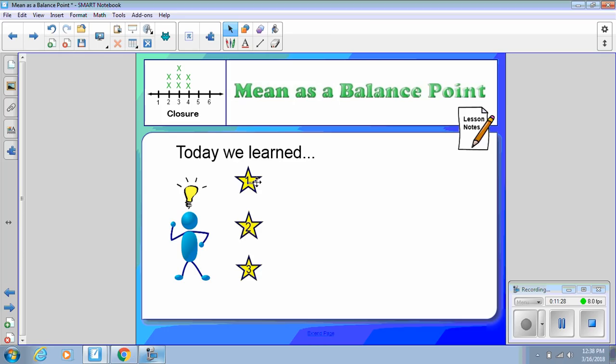Things that you should have learned. Well, you should have learned how to find a balance point. You should have learned what to do or how to find a reasonable balance point when you're kind of stuck in the middle with where your balance point is.